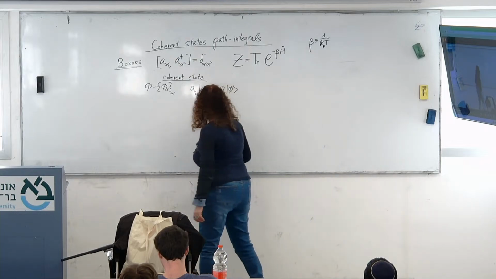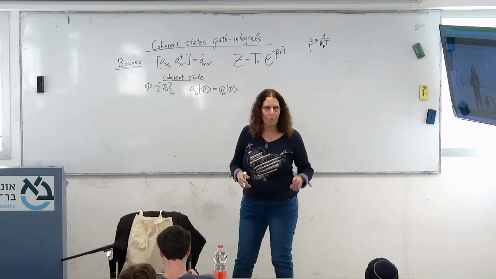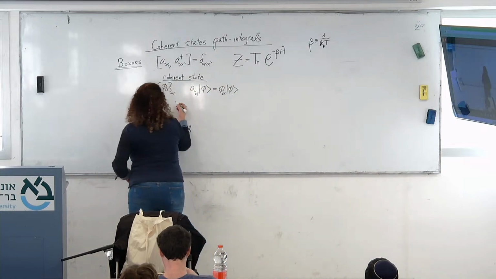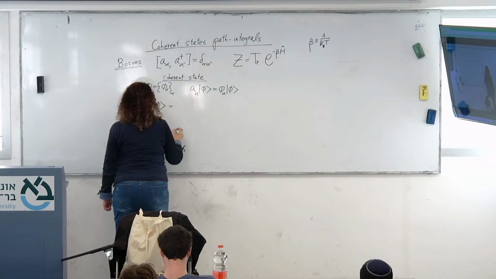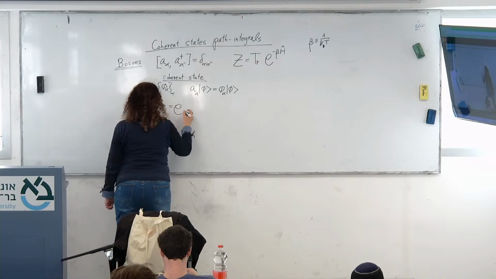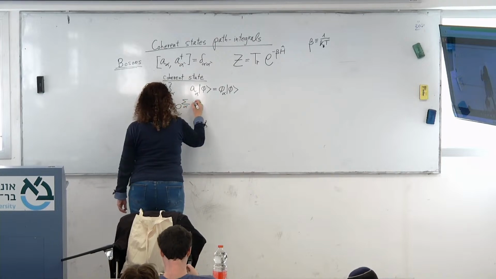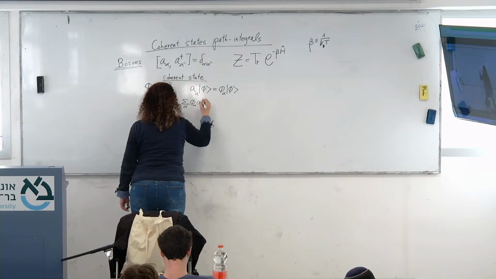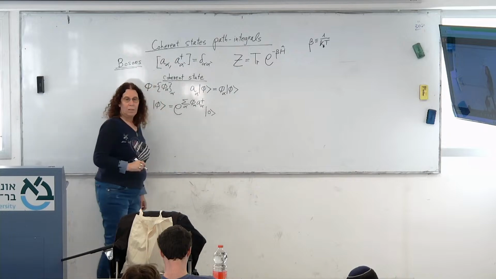But you can prove, and you are going to do it explicitly in your next homework, I think, that phi can be explicitly written as an exponent of the sum over alpha, phi alpha, A alpha dagger, all that acting on the vacuum.